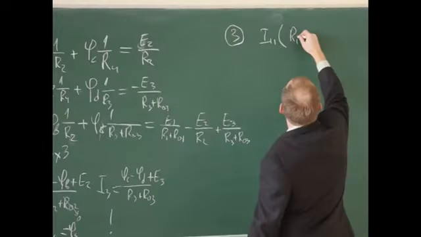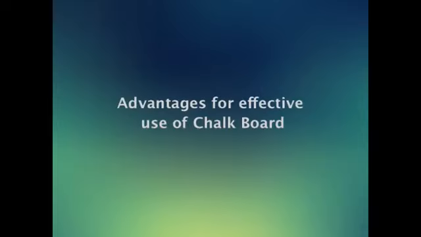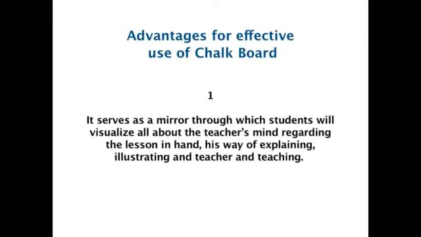Chalkboard. It is a simple, non-projected and universally used visual teaching aid which comprises a board and a chalk piece. The advantages for effective use of chalkboard are: number one, it serves as a mirror through which students will visualize all about the teacher's mind regarding the lesson in hand, his way of explaining, illustrating, and teaching.